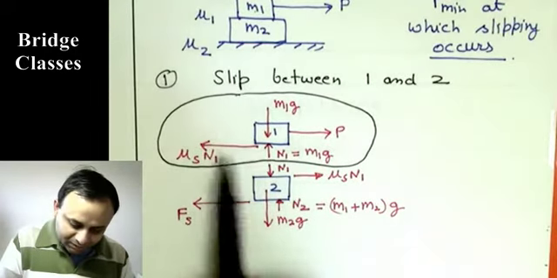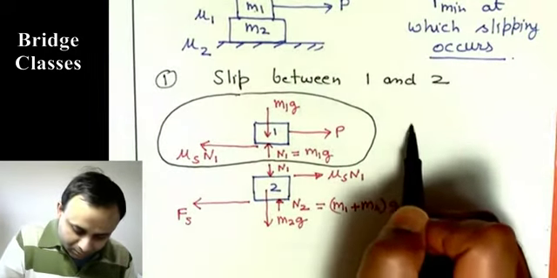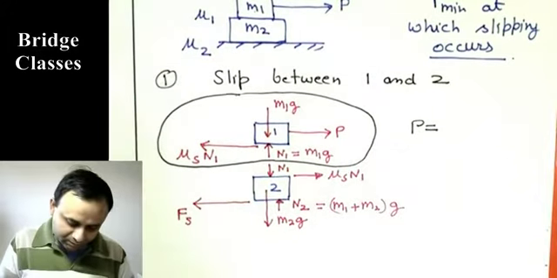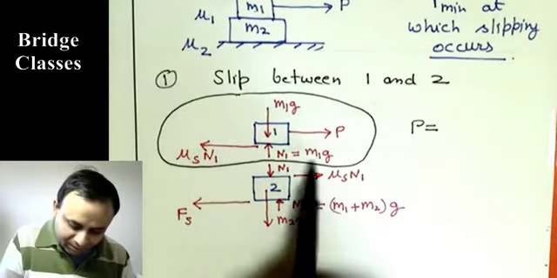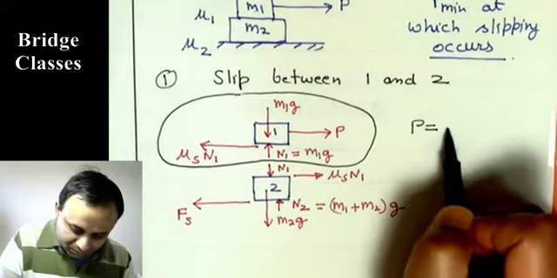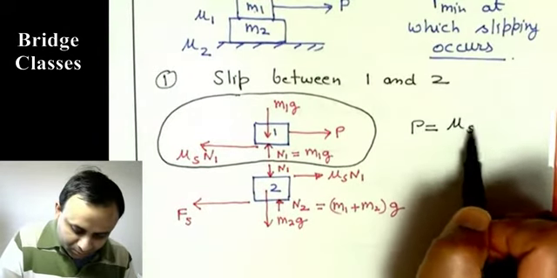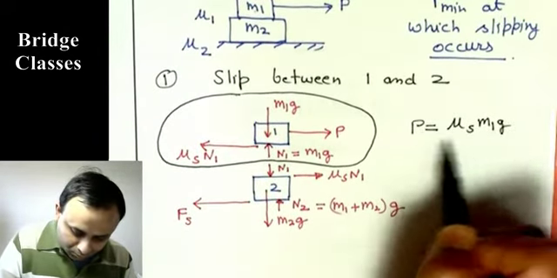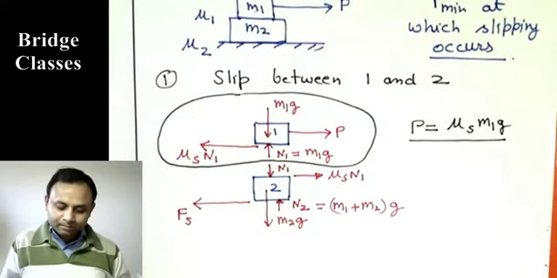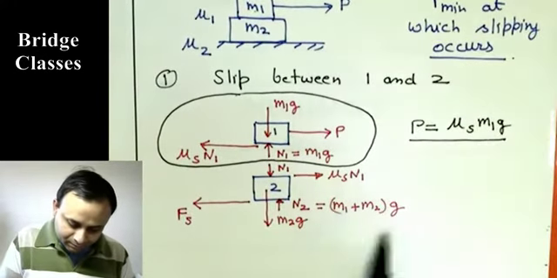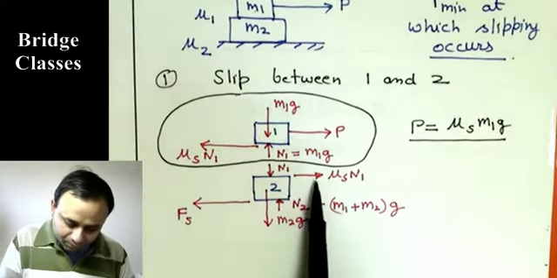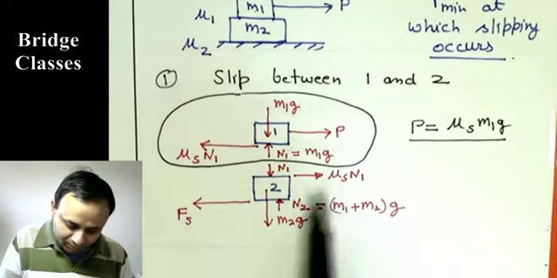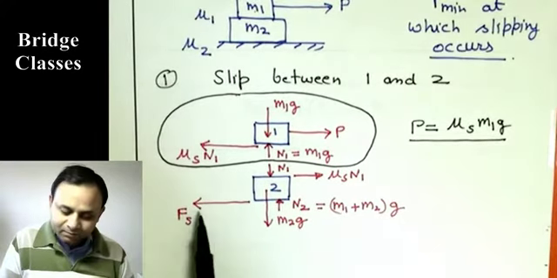Balance on this will give us P equals mu s N1, and N1 is M1G, so it will be mu s M1G. And balance on this will give us mu s N1 equals Fs.